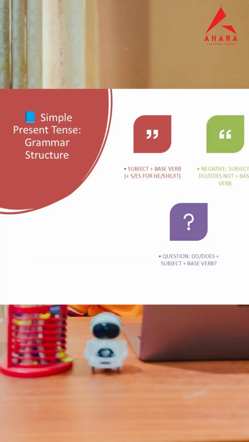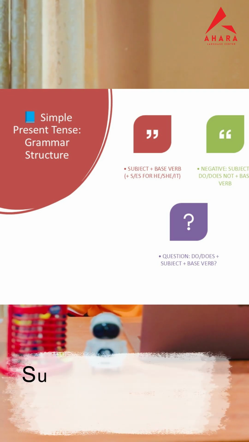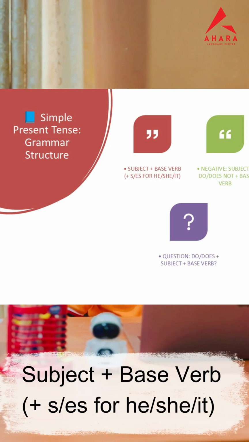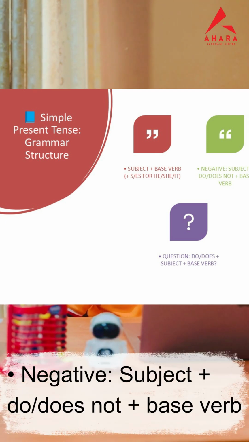What is the simple present tense grammar structure? The first portion, subject plus the base verb, and when it is he, she, it, the singular pronouns which I have taught you all before, those will have the s or the es at the end of the verb, which we have studied before. The second portion is negative sentences.